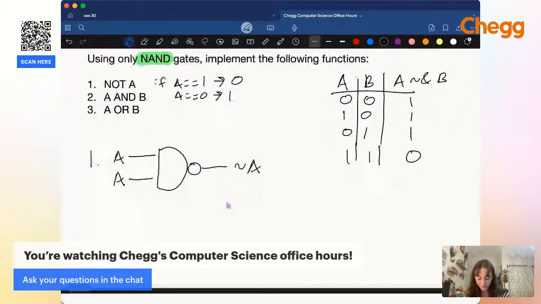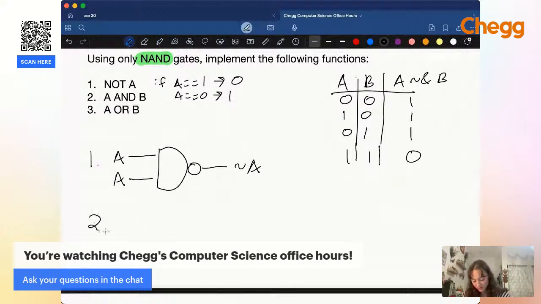Perfect. Okay. So for the second one, we want to return A and B. So A and B is the same thing as NOT (A NAND B). So we just learned how to make a NOT gate, right? So we can do a NAND again, and then we NAND that to make NOT.